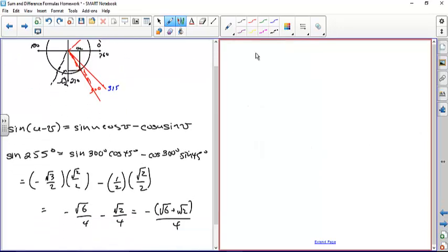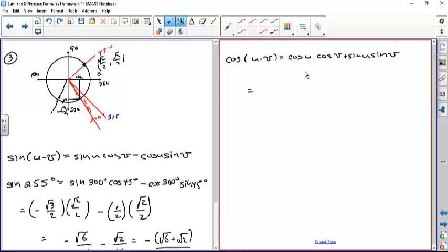Now to do the other ones, we just use the appropriate formula. So the cosine of u minus v is the cosine of u cosine of v plus the sine of u sine of v. So again, we can go over to the unit circle here. The cosine of 300 is a half.